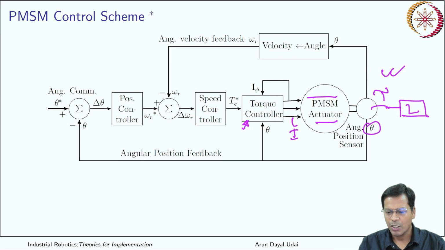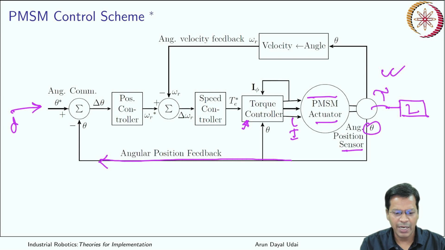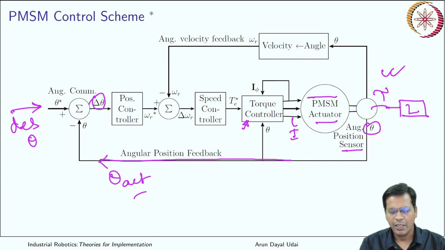You are sensing the angle position, and position is fed back here. It is compared with the desired angle and actual angle. You take the difference of that, which is the error. You have a position controller over here, maybe a PID controller most of the time.